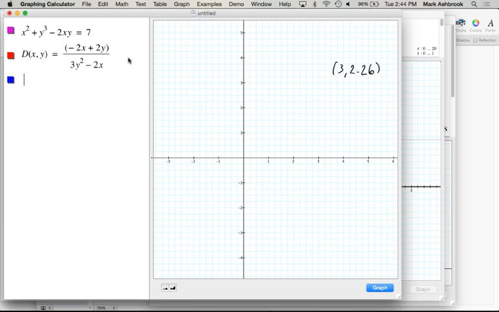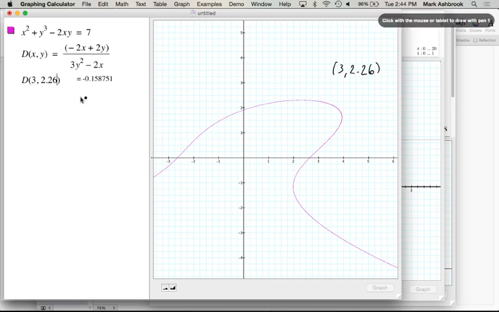Small negative. So if I come here and I go D of 3, 2.26, does it agree with our estimate? Negative 0.16. That's like negative 1/6, basically. Does that reflect that at that point, y is decreasing slowly compared to x? Yep.